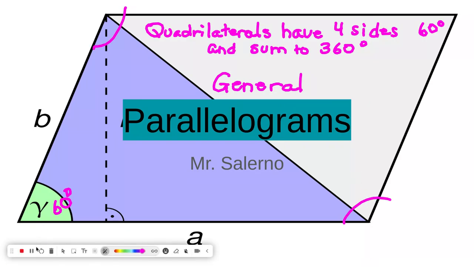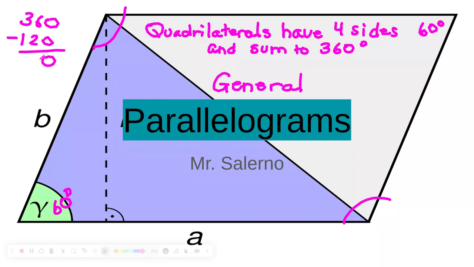What do you think it would be? Well, 60 plus 60 is 120, right? And so we're missing 240 degrees, because we need 360. So 360 minus 120 tells us we need 240 degrees.